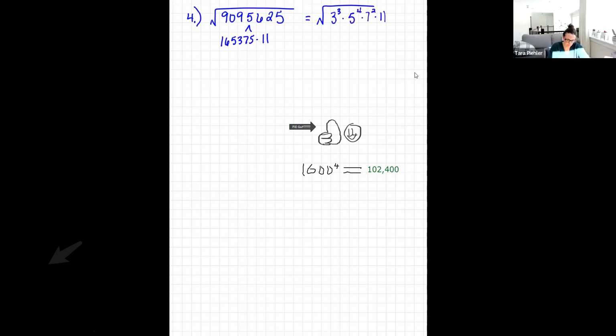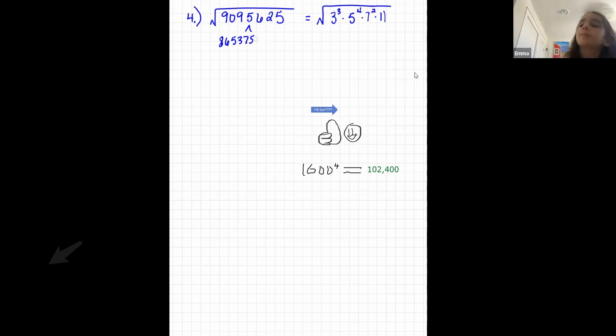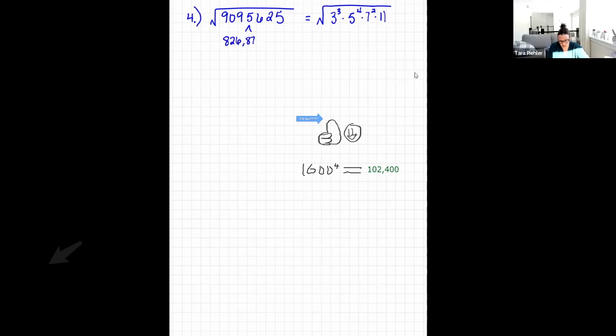Don't you mean 826,875 times 11? You're right. I missed a step. Thank you for correcting me. And I kept reducing it. So I kept dividing it by 5s and 3s until it finally reduced all the way down till I got this.